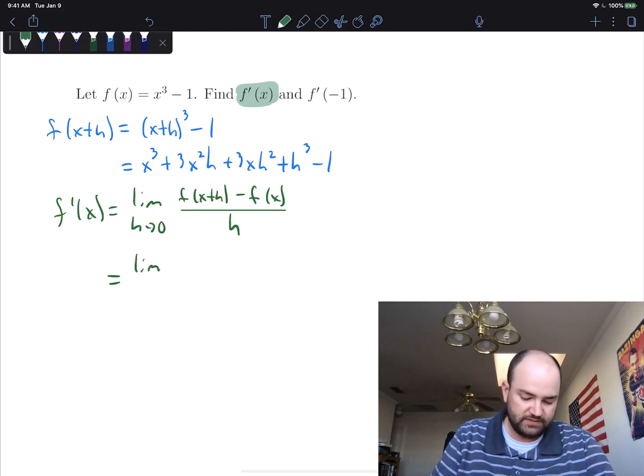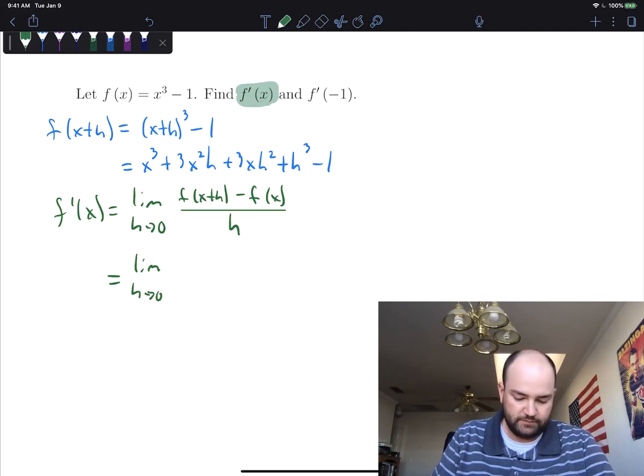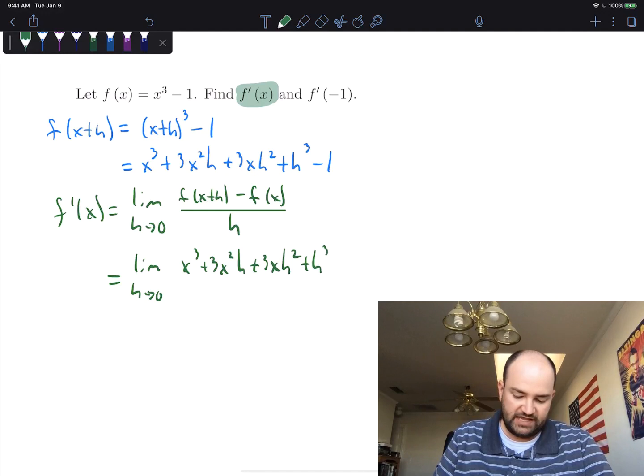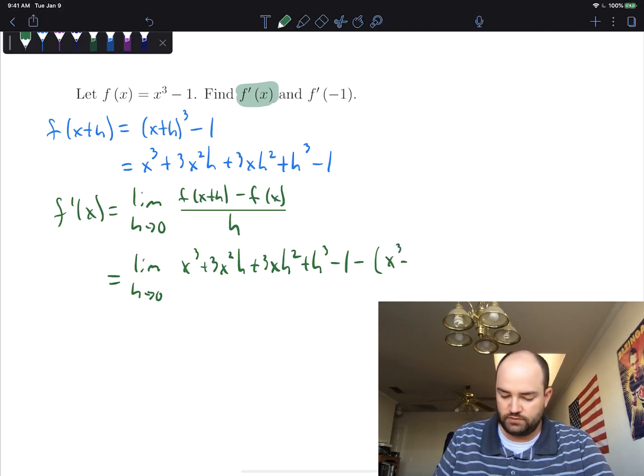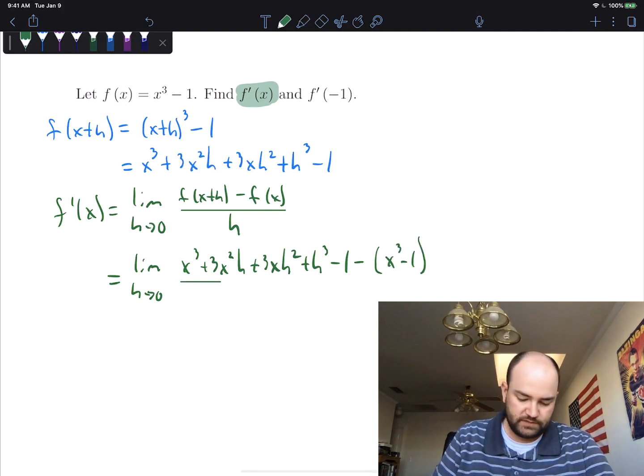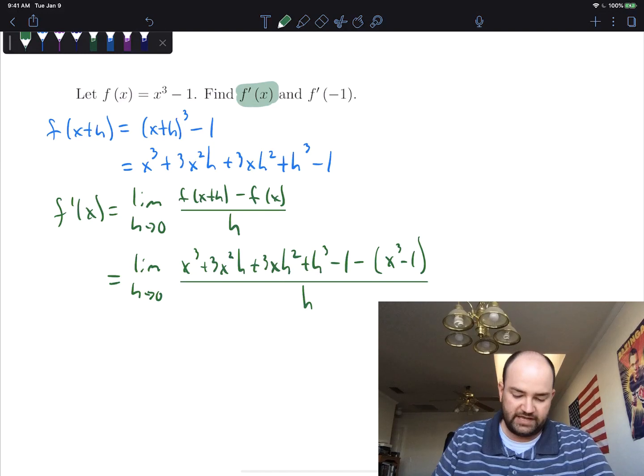So we have the limit as h goes to 0 of x cubed plus 3x squared h plus 3xh squared plus h cubed minus 1. And then we're going to subtract off the original function, x cubed minus 1.